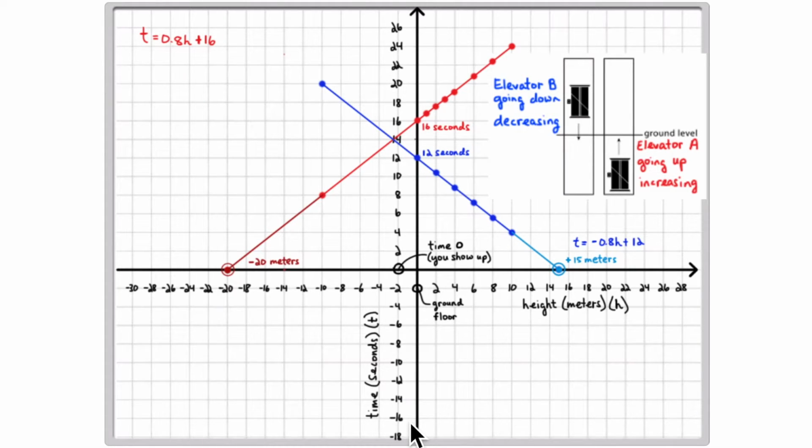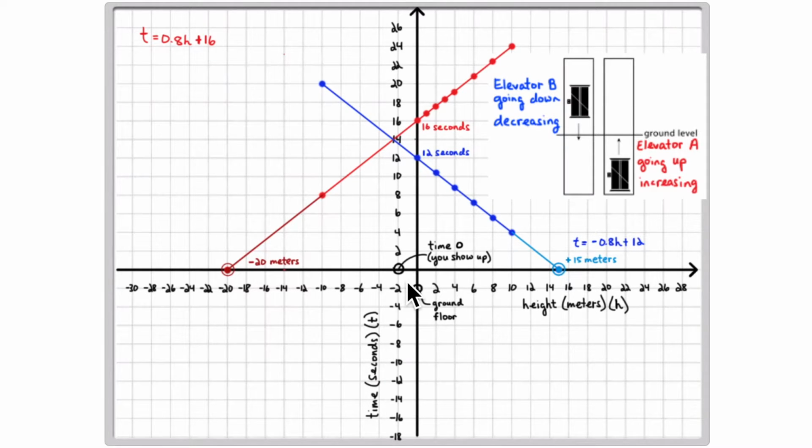So what's happening to this elevator is as you go forward 16 seconds before you show up, it is traveling away from you to negative 20 meters. So it's going down to negative 20 meters before you show up. And when you show up, it is 20 meters away from you into the ground. It's at a negative 20 meters, and it is also 16 seconds away from you because it took 16 seconds to get to that negative 20 meters.